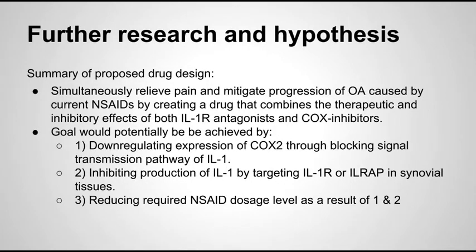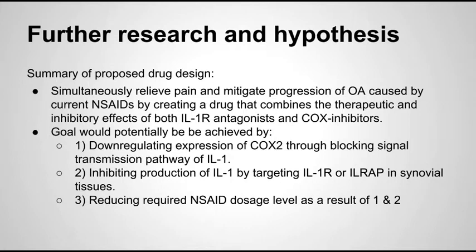So, in summary, my goal with this drug design is to simultaneously relieve pain and slow down the progression of osteoarthritis that are caused by current NSAIDs, like Pennsaid. I want to create a drug that combines the therapeutic and inhibitory effects of both interleukin-1 receptor antagonists and also COX inhibitors.